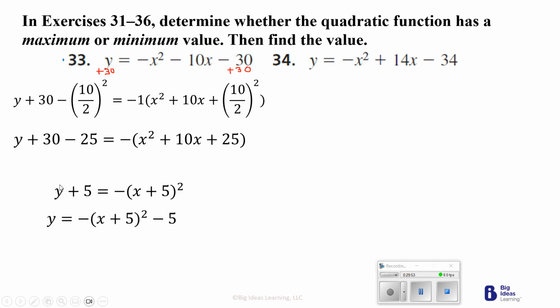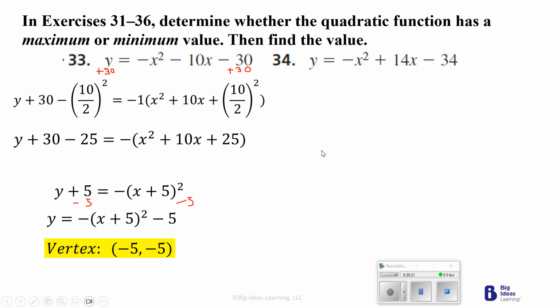So now we're going to bring the negative 5 back over to this side. And that's giving us negative (x plus 5) squared minus 25. Oh, sorry, minus 5. Sorry about that. So the vertex is going to be (-5, -5).